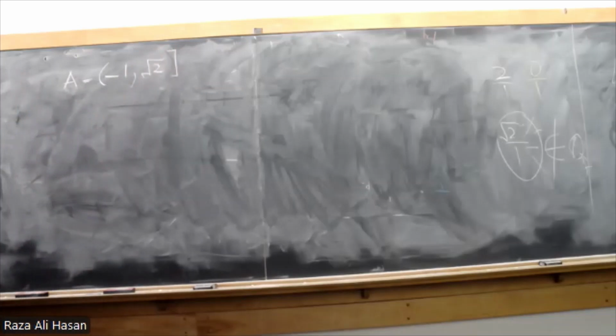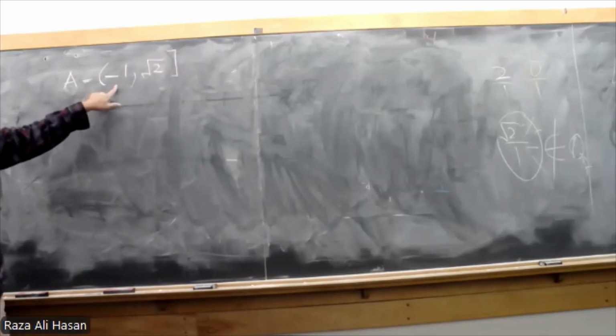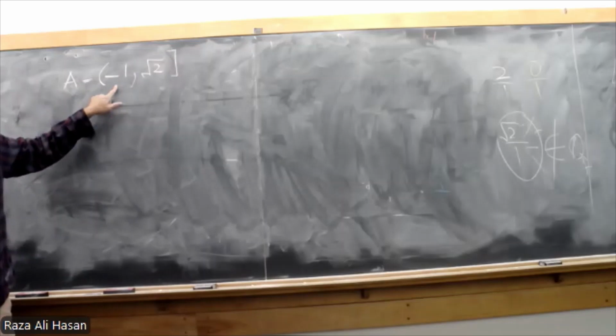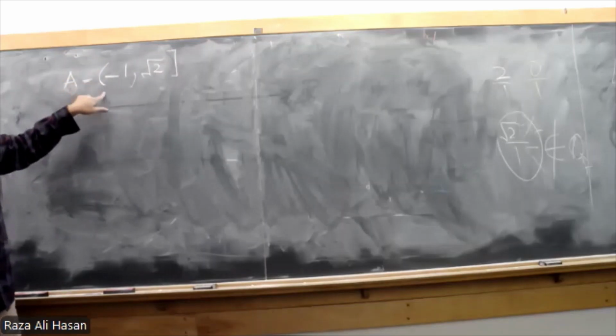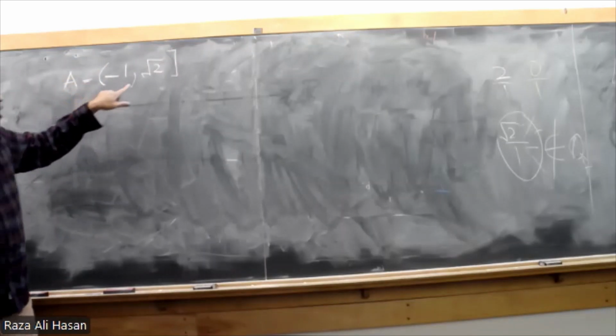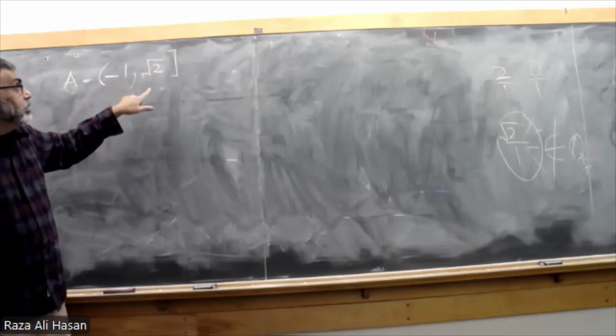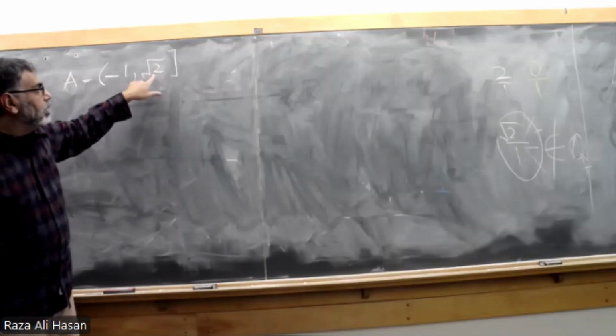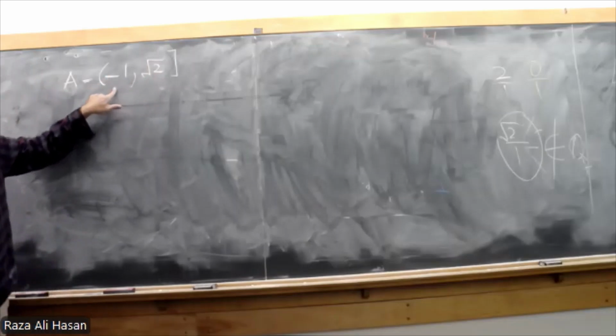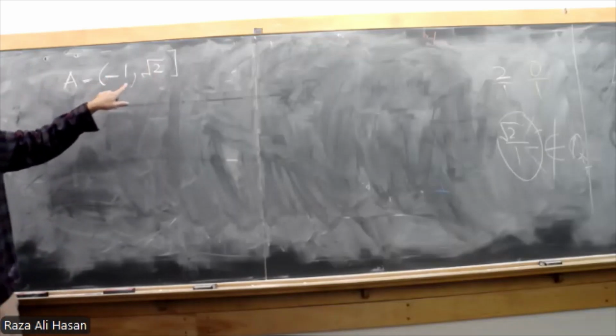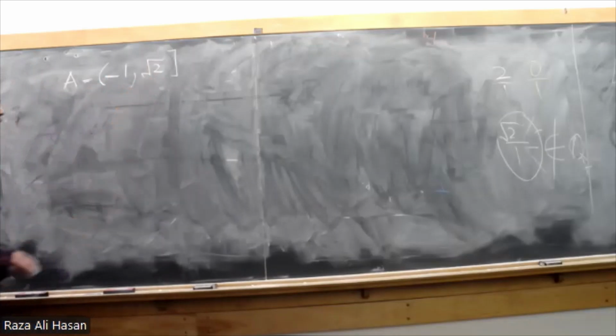Or another way to say it is that the left endpoint is not included because I have a round bracket here. The left endpoint is not included, but the right one is in the set. Okay, now let's draw it.